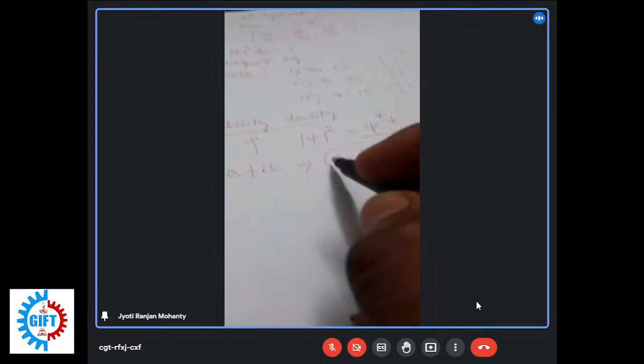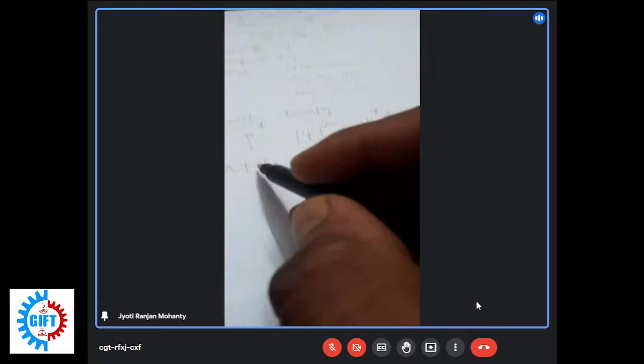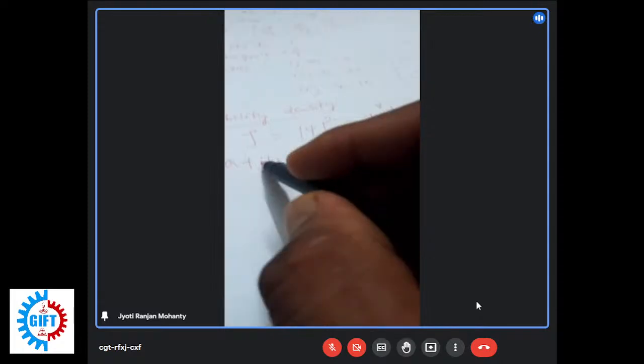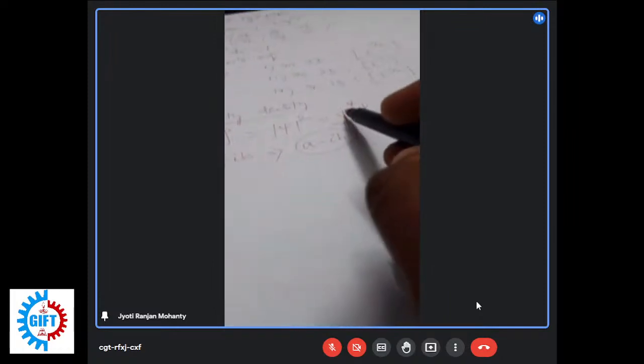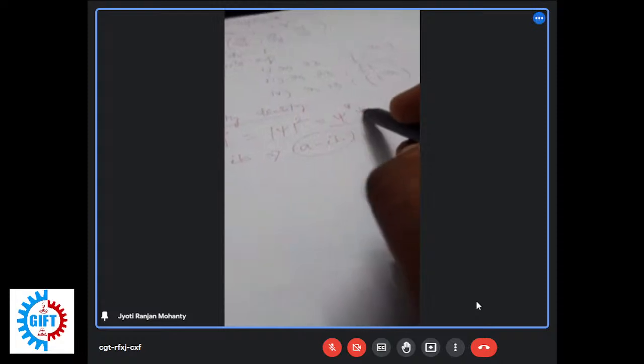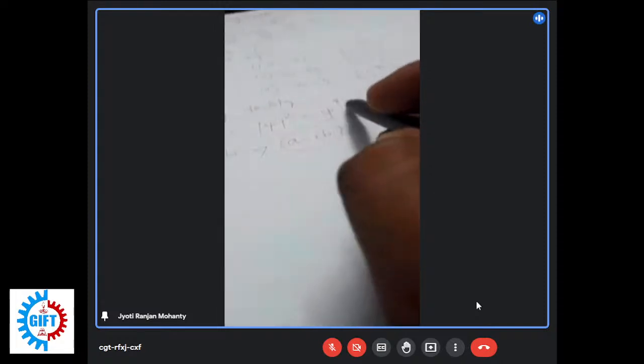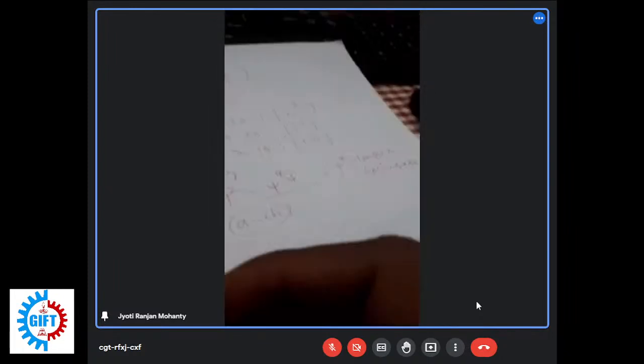If you multiply the complex conjugate with the original number, then you can find the psi mod square. So psi mod square is equal to psi star, that means complex conjugate, times the original function. If you multiply, you can find the probability density.